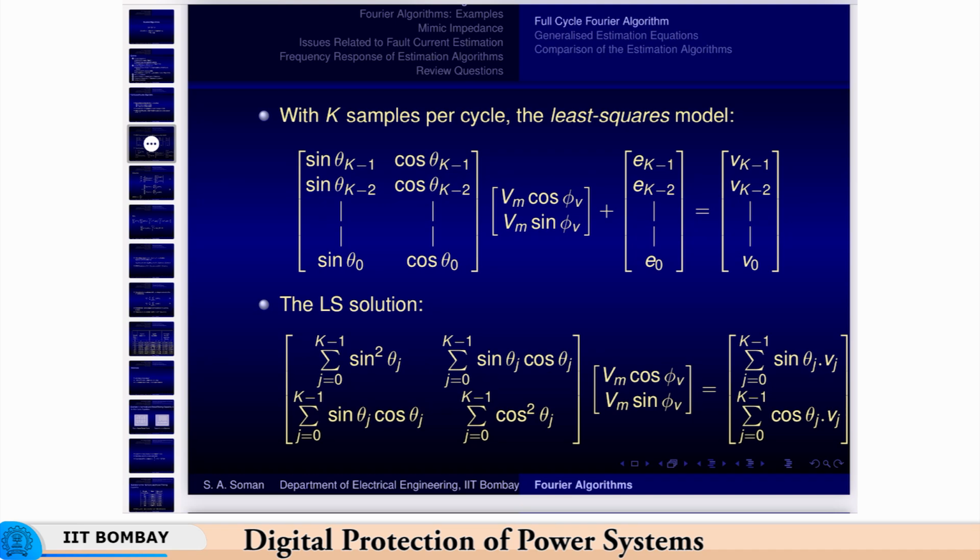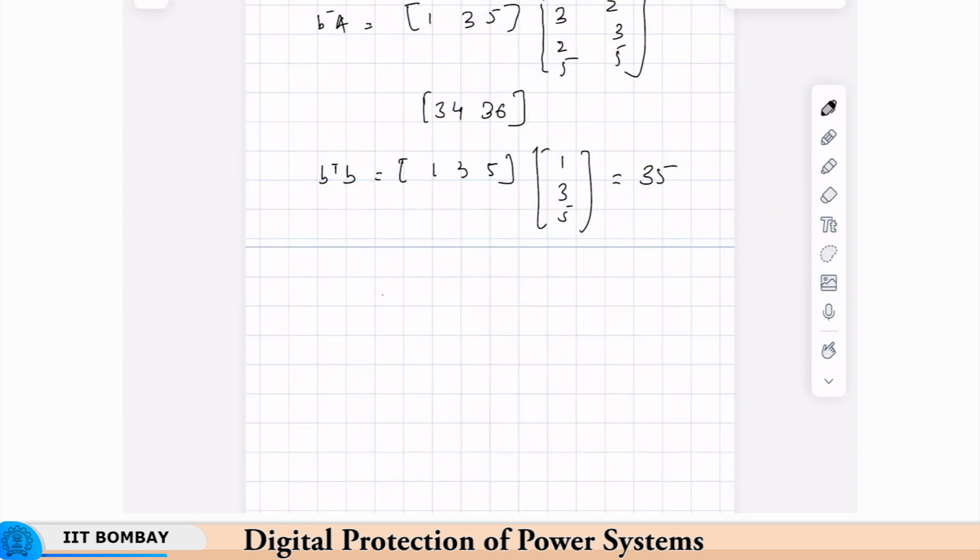Okay. So, let's see some unique property here. What was our signal? It was, say, Vt is equal to Vm sin of omega t plus phi v, or phi for convenience, let us keep it as phi.